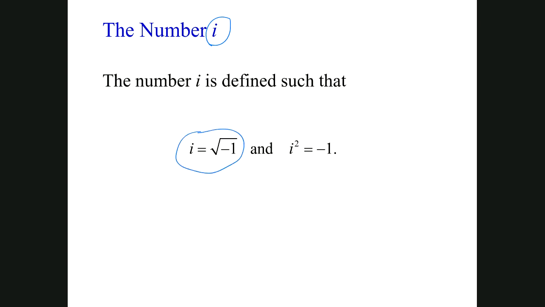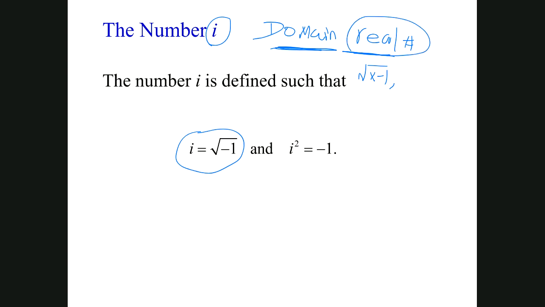When we talked about the domain earlier, in chapters 1 and 2, the domain is always in the real number system. That's why when we have something under the square root, in order to have a real solution, everything under the radicand has to be greater than or equal to 0.